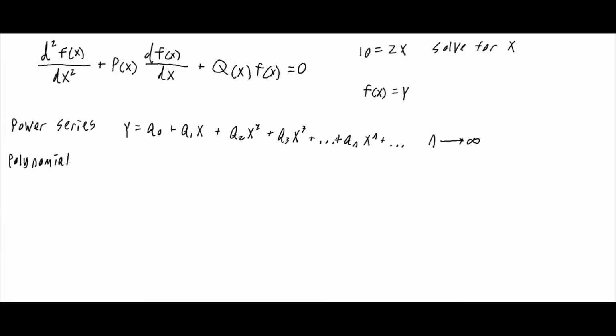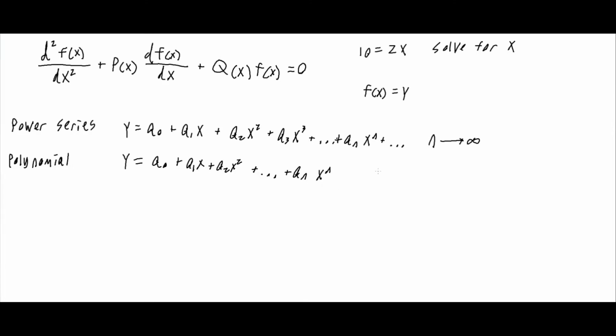This is a little bit of a side tangent to what I'm actually going to do, but a polynomial is essentially a power series, so a naught plus a1x plus a2x squared, and so on, going up to a n x^n, but then it terminates there.